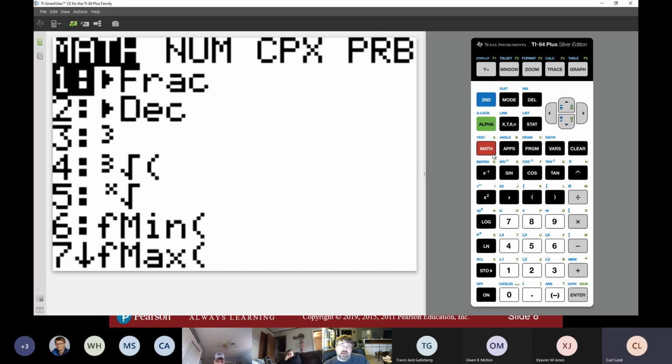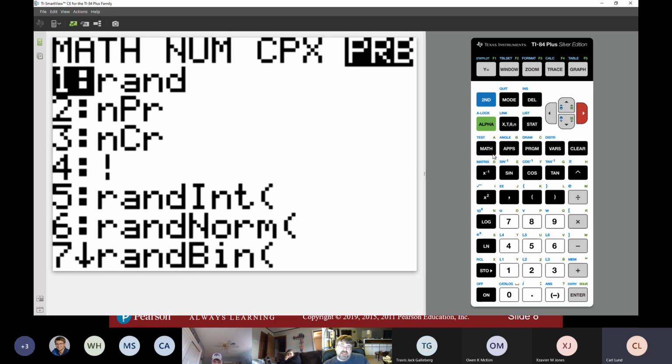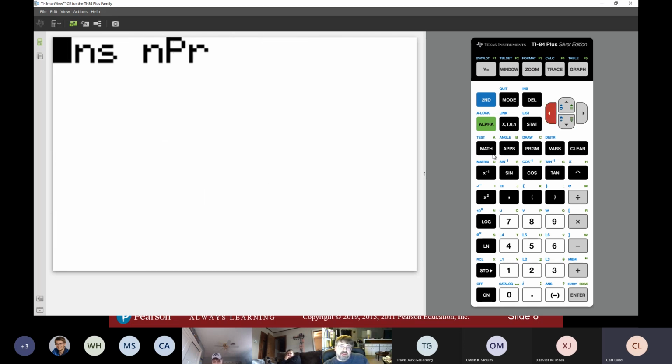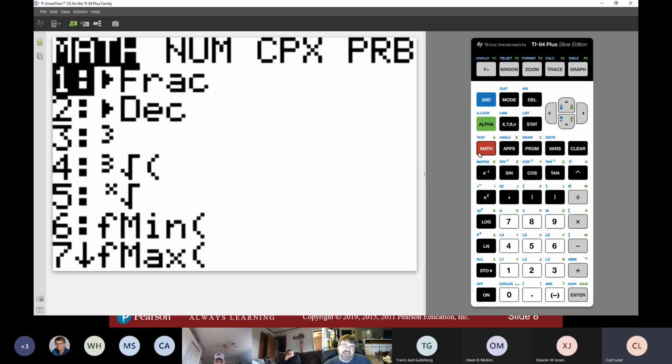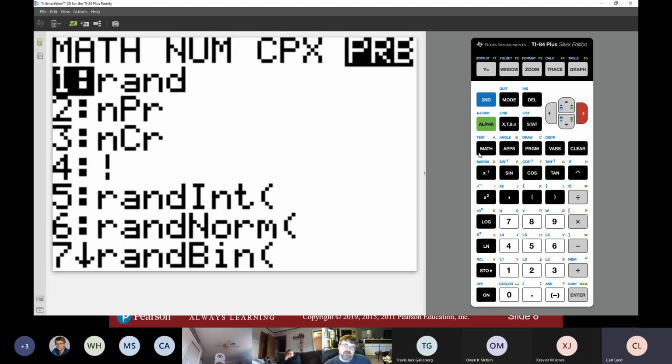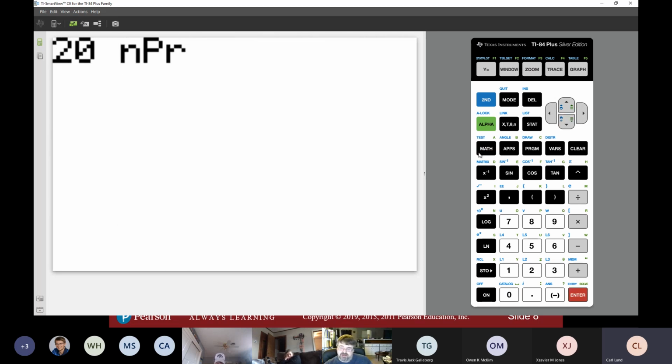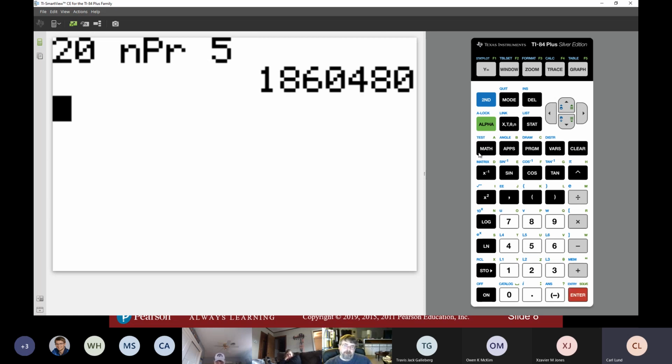So on this older model, instead of PROB, it's just PRB. You still would go to nPr. And here you have to type in the number in front of it. You have to type in N first, and then go to Math, PRB for probability. Choose nPr, and then type your R. So it's a little more clumsy on the older model.